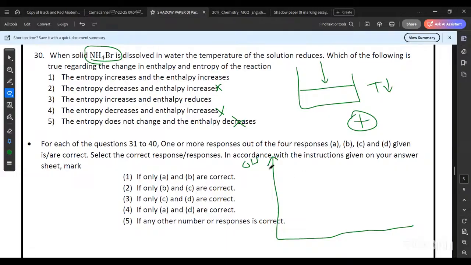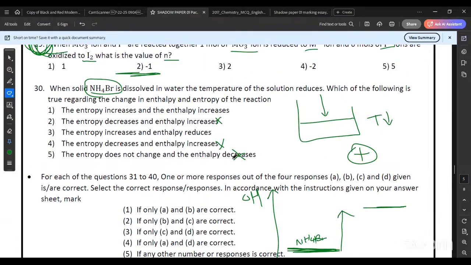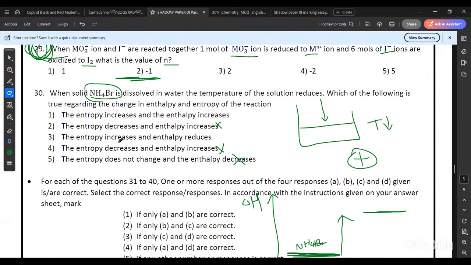Delta H. Initially, let's say sodium bromide is there. You will gain energy. Entropy of the system increases, but enthalpy will also increase.